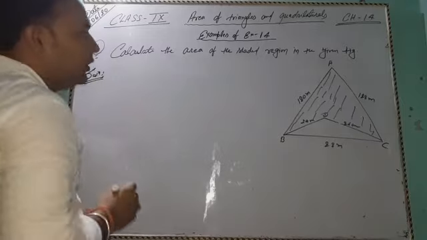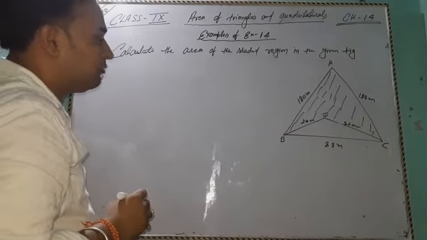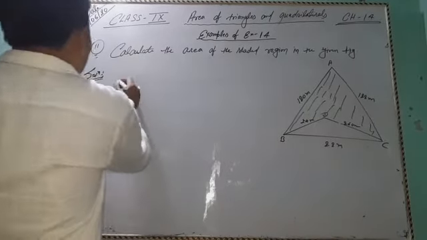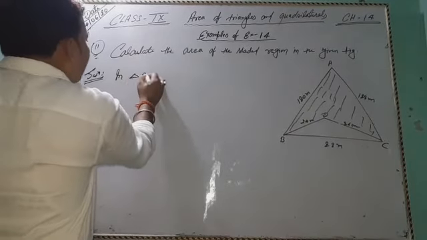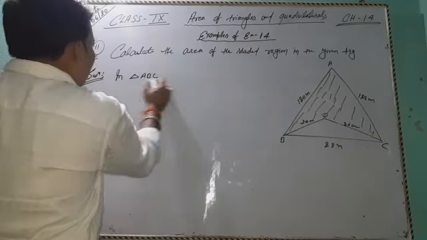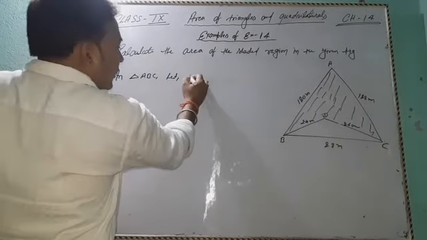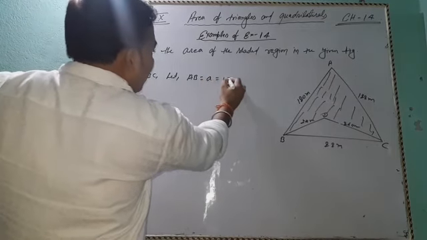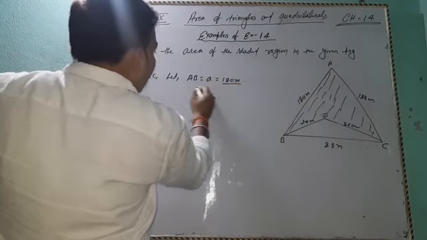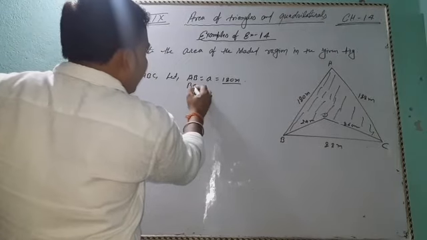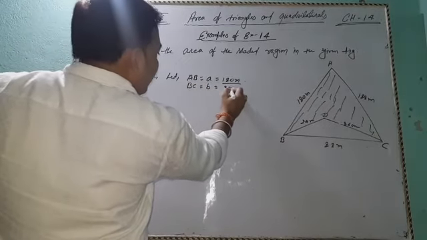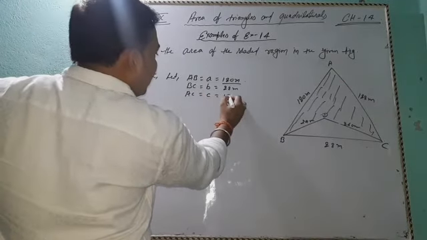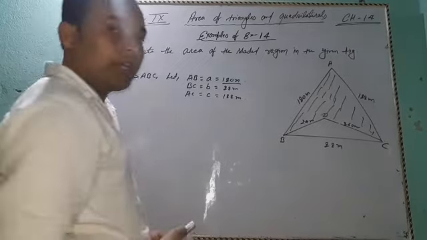First of all, we find the area of triangle ABC. So let, in triangle ABC, AB equal to A equal to 120 meter, BC equal to B equal to 22 meter and AC equal to C equal to 122 meter.